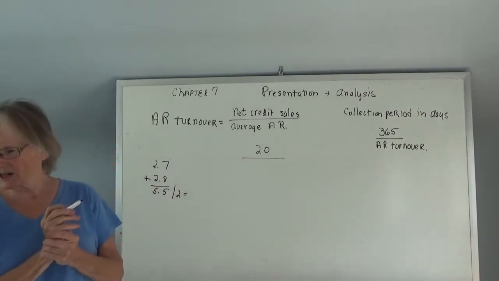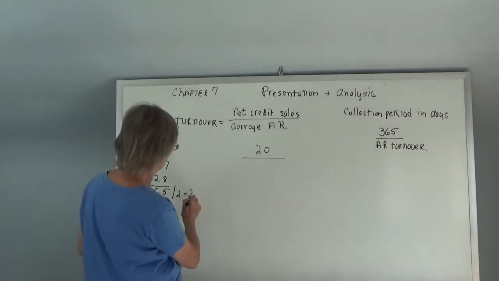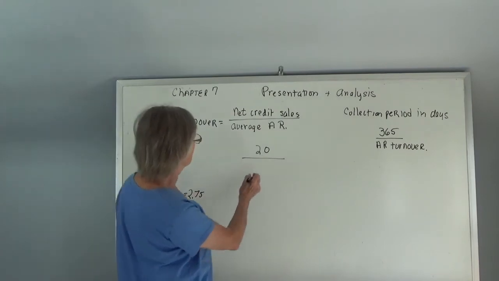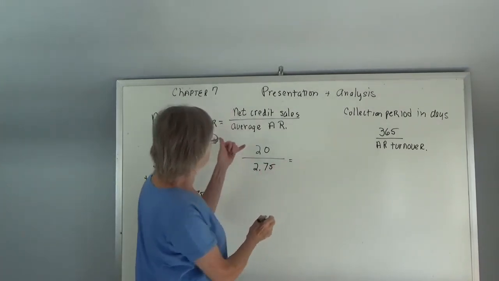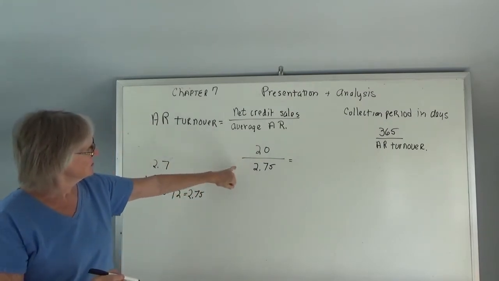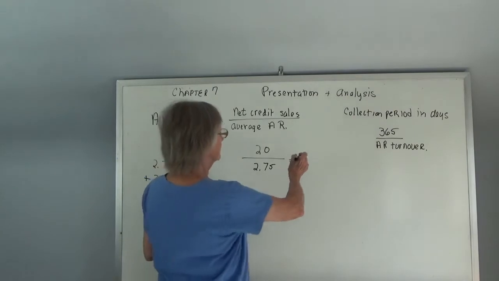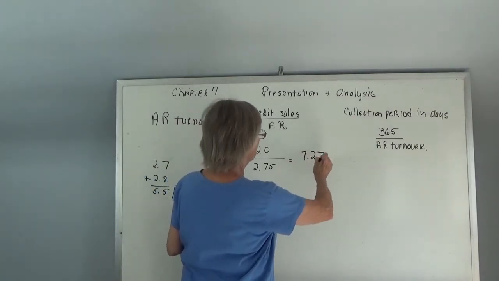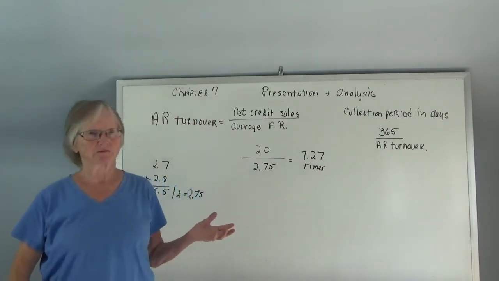That should give us our average accounts receivable, which would be, I believe, 2.75. So to get our accounts receivable turnover, we divide the 20 net credit sales by our average accounts receivable, and we get 7.27 times.